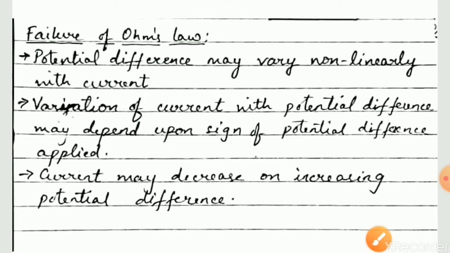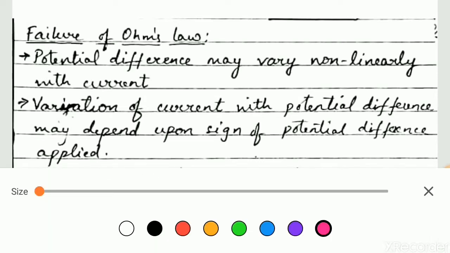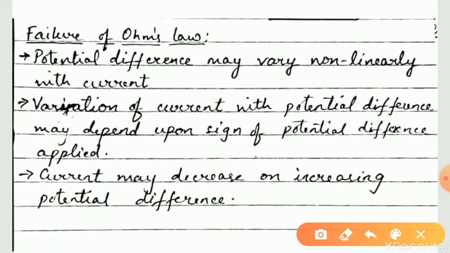There are a few failures of Ohm's law. They are: the potential difference may vary non-linearly with current. This non-linearity occurs due to heating effect of current, rise in temperature and increase in resistance. Variation of current with potential difference may depend upon the sign of the potential difference applied.